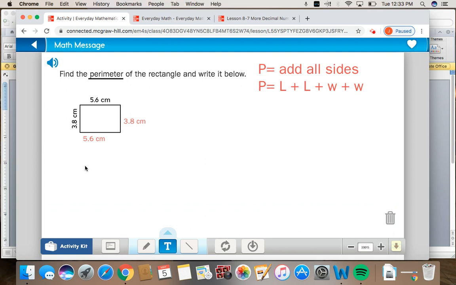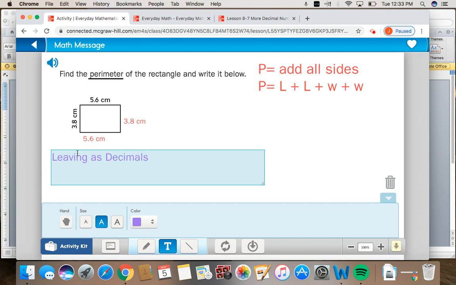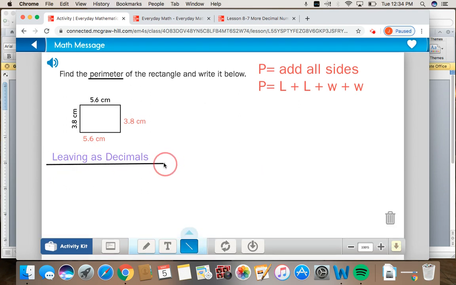I'm going to call this first way leaving it as decimals.